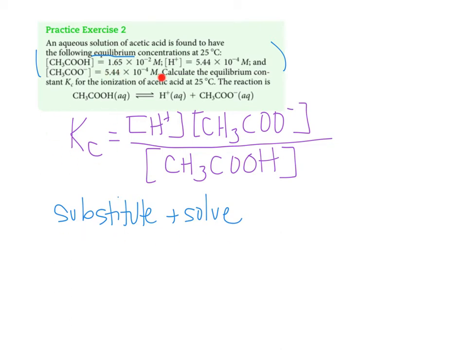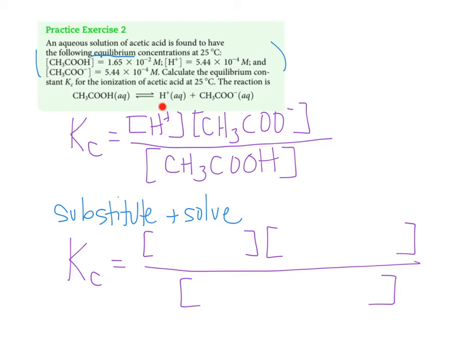So I'm going to take these numbers and put them in for these concentrations. So the value for the hydrogen ion concentration is up here. I'm going to put that here. 5.44 times 10 to the minus fourth, and these brackets mean molarity, and this is molarity.